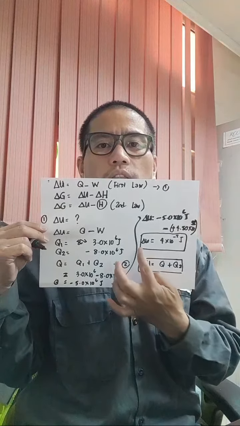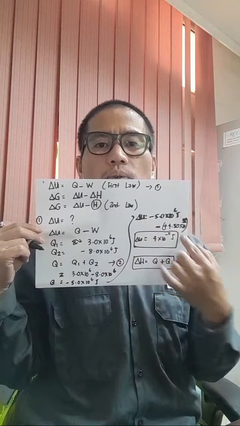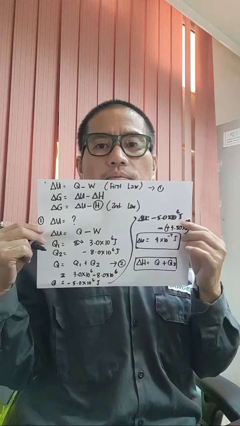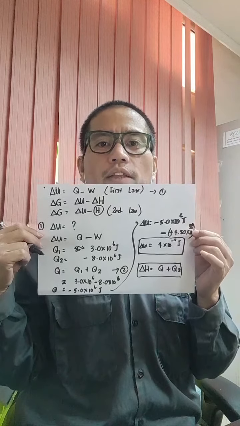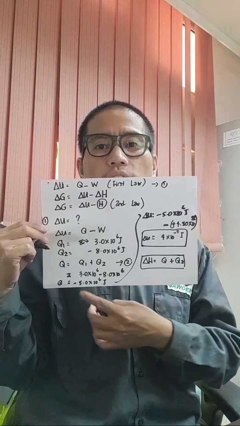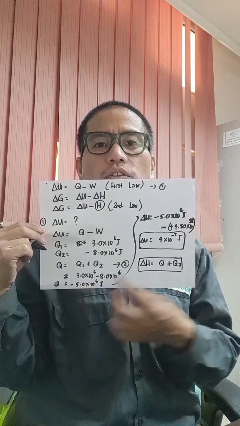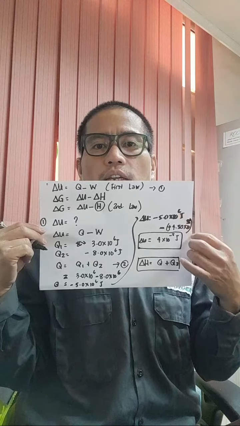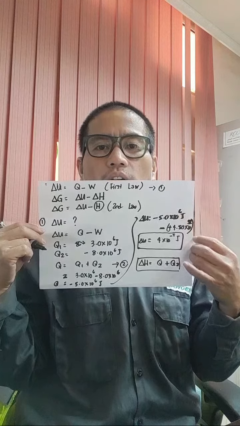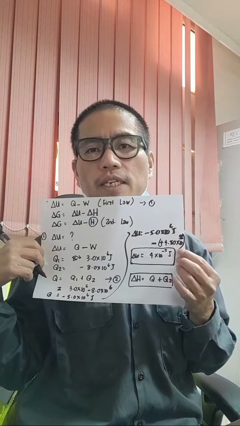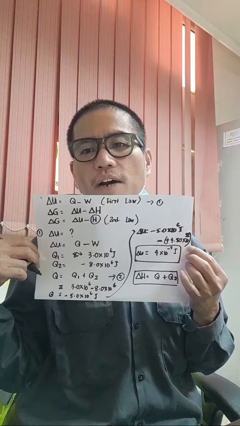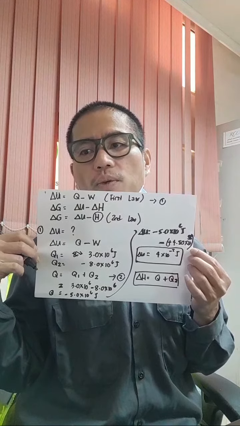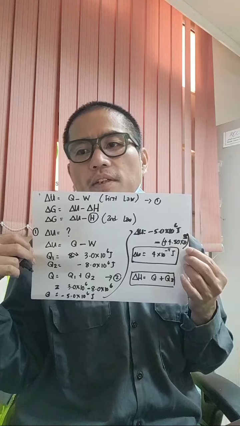Since delta U is equal to Q minus W, and our heat is already computed, we transfer that here. So we obtain the change in internal energy. The work is 4.50 times 10 to the 5 joules, done by the system.